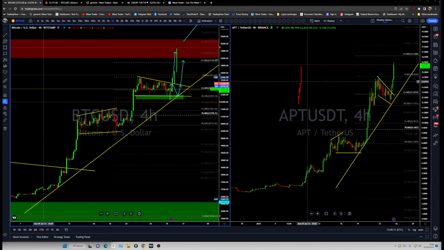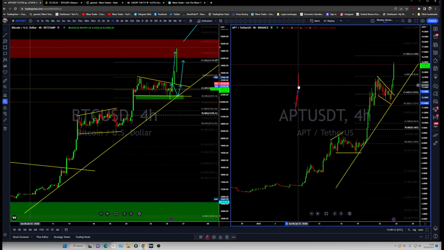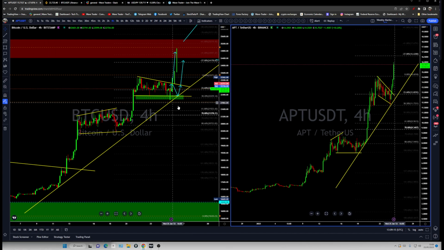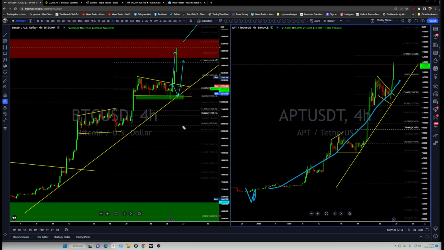So why is APT being used with Bitcoin? If we compare from that previous low that we have just done, APT and Bitcoin both are following each other. We got a breakout on APT, and that's leading us to think Bitcoin is also setting up for a breakout for the next opportunity.